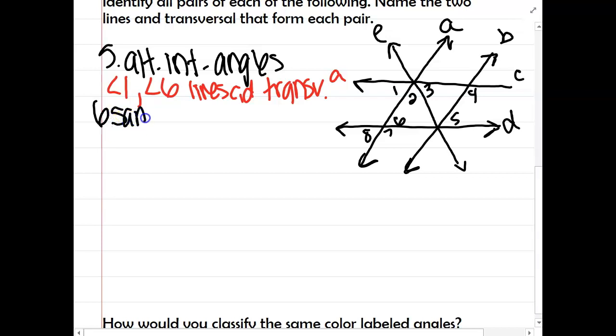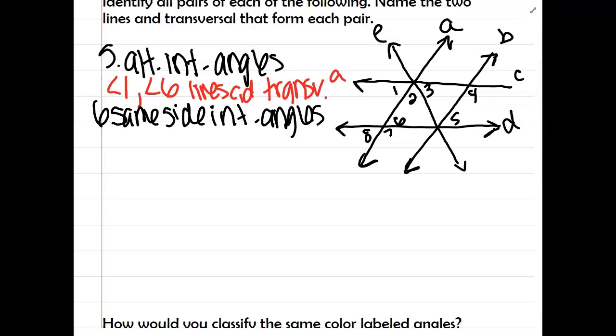Now this one might have a couple options. Let's look for same side interior angles. So on the same side, still interior, so we're still looking right in between either sets of those two lines, but on the same side of the transversal. Maybe pick out a transversal and see if you can find some that are on the same side. Elijah, what do you think?